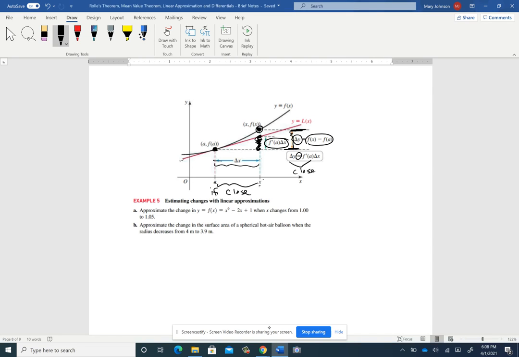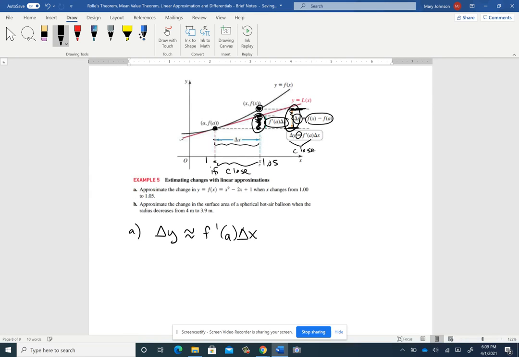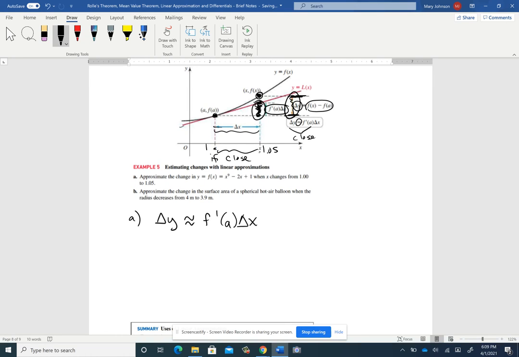So if you go from 1 to 1.05, estimate what the function change is, but use the linear approximation to do it. You're going to start on A by thinking about the formula that we just wrote down, that the change in y is estimated by using this formula.